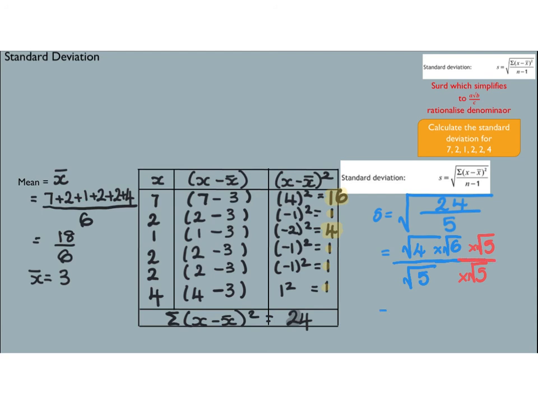Now on the bottom, hopefully you know that root 5 times root 5, you've multiplied it by itself, so you've squared it. The square root and square are going to cancel each other out, so it's just going to come out as 5.